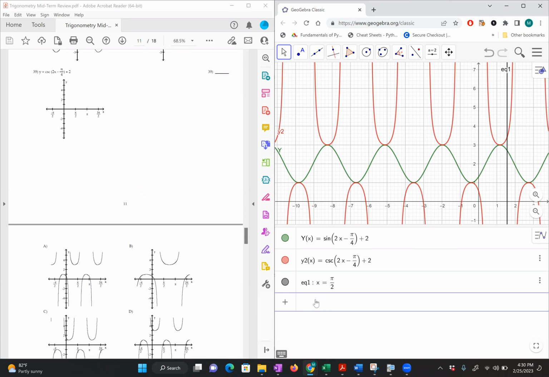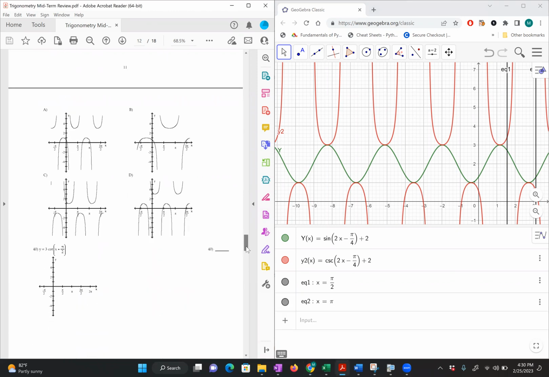You have another one where, if I did x equals pi, it would sit right there. So these are vertical asymptotes that you do have available to you. There are vertical asymptotes at pi over 2, negative pi over 2, 3 pi over 2. They're all over the place for A. Okay? All right. So GeoGebra is your friend.